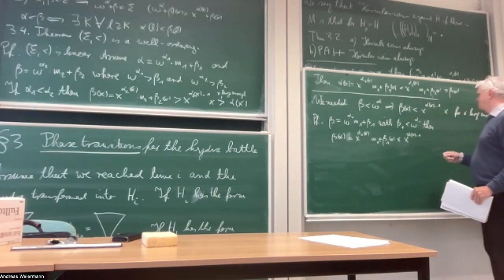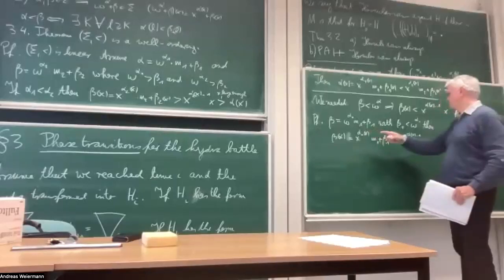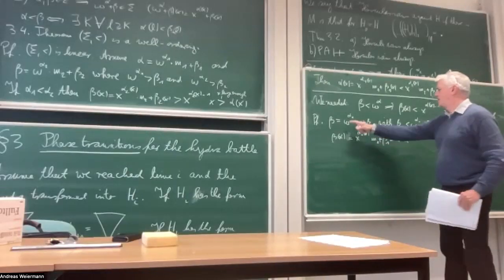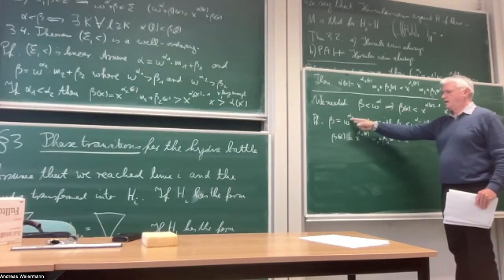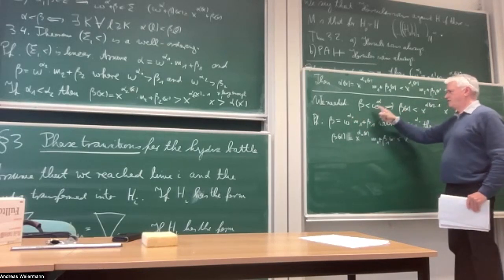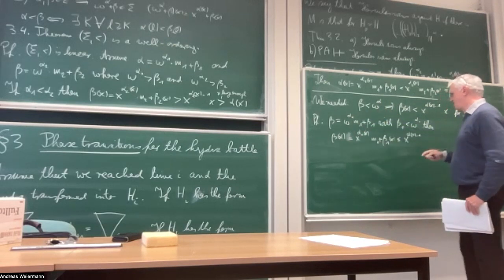So alpha 1, but if this one is smaller than this one, it cannot be the case that alpha 1 is equal to alpha, and cannot be the case that alpha 1 is bigger than alpha. So this one has to be smaller than this one.